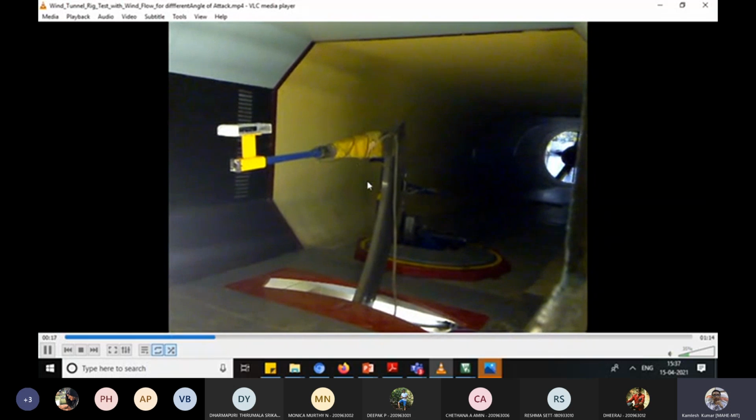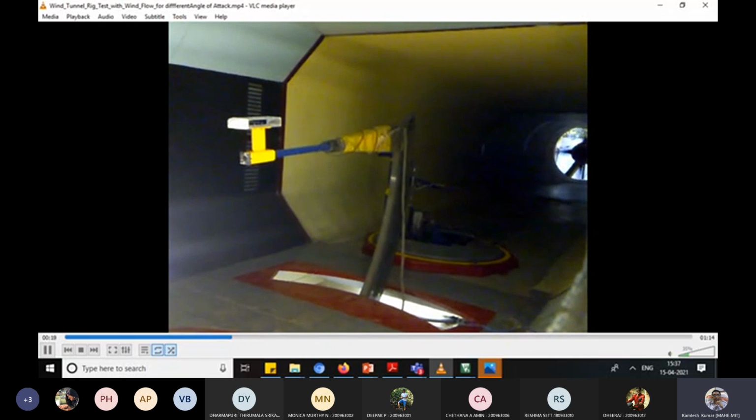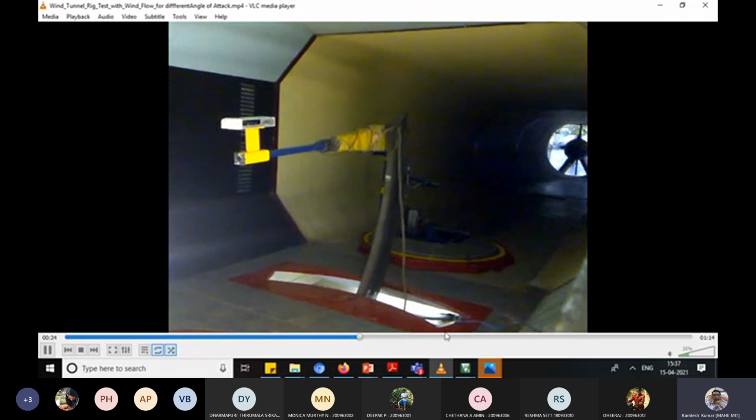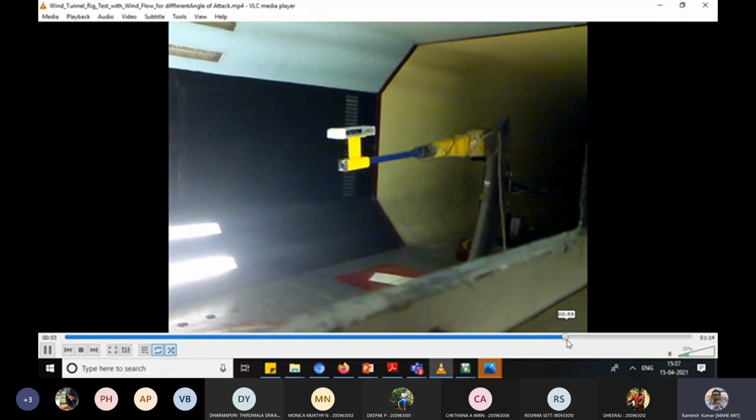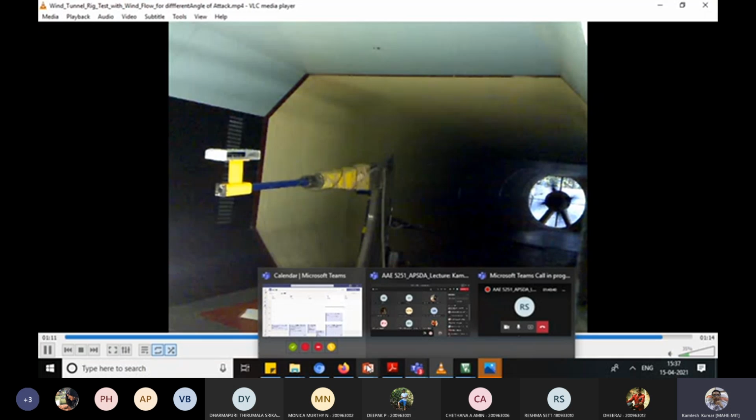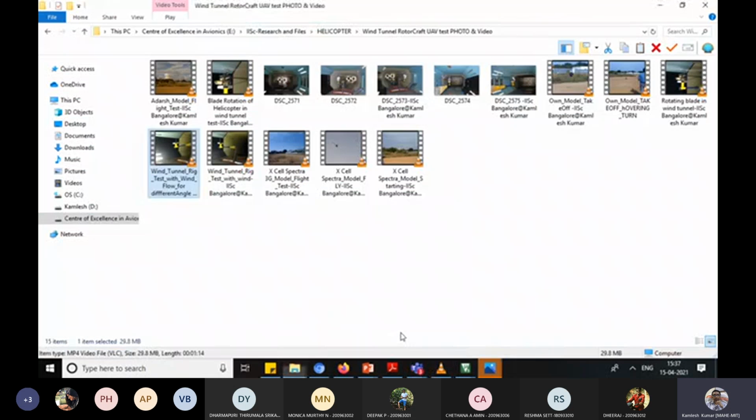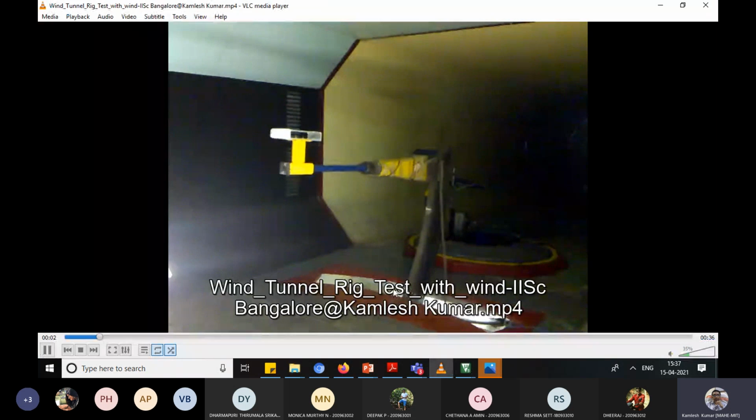Otherwise normally you need at least zero angle of attack. Okay, so at zero angle of attack you can test this. And all data is loading on the computer side. Then once you have tested this, you will get this type of result.